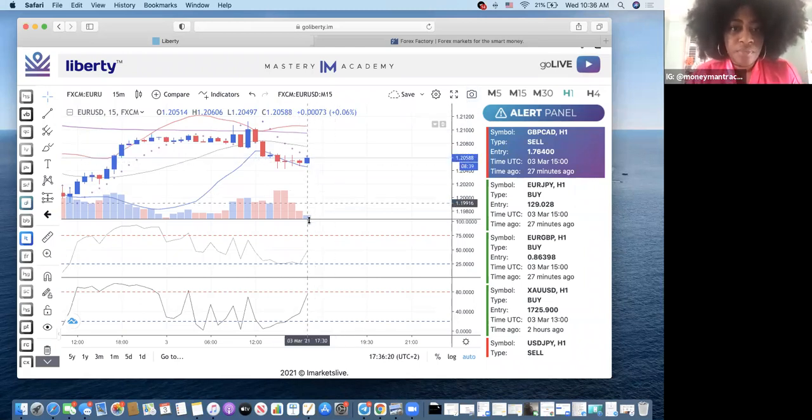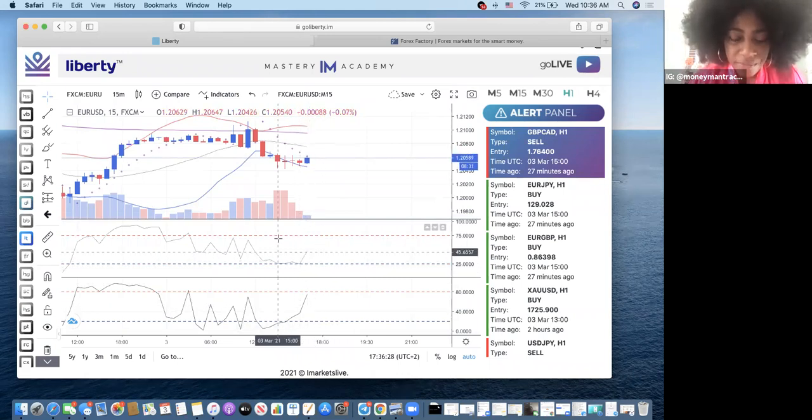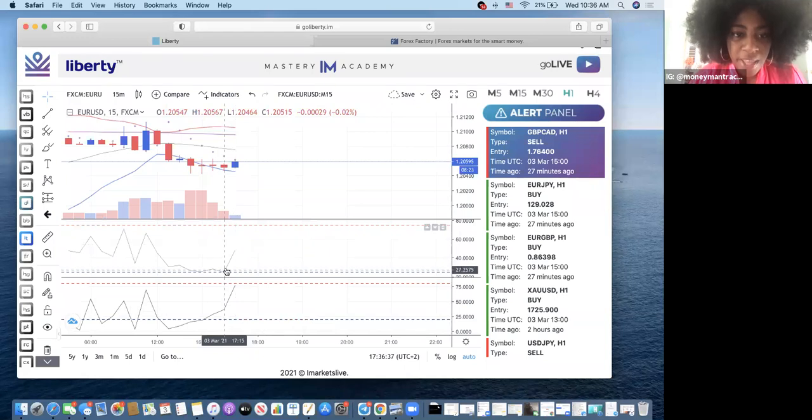So we got our blue candle, we got our blue volume bar, and for the things at the bottom, the best sign that you want to see is that this black line, this is the stochastic up here, this is the RSI down here, is facing up, right?